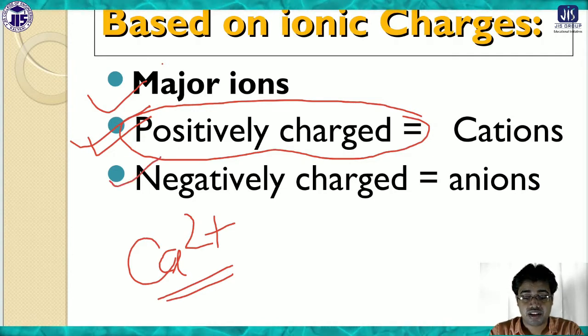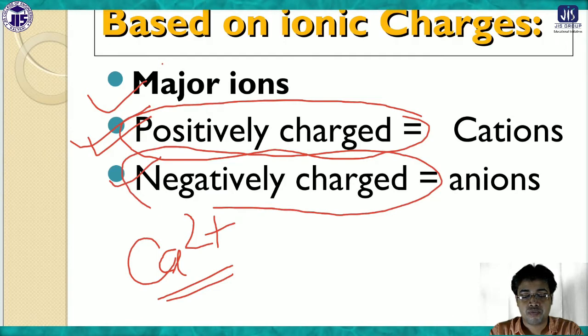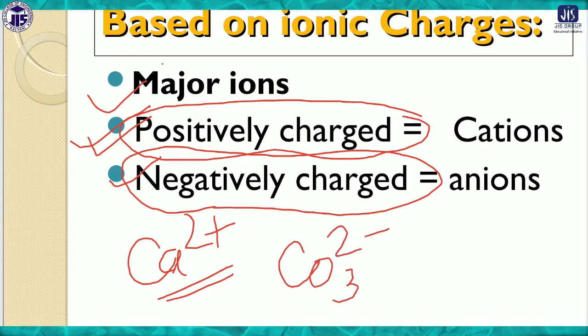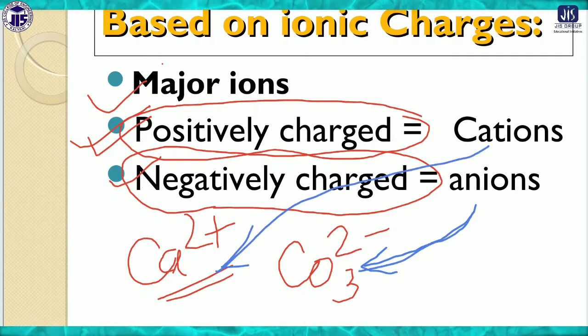The negative charge ions are called anions, like carbonate and bicarbonate. CO3 2- is an example of a negative ion. So this is called the cation, and this is called the anion. These are in the category of the major ions and the minor ions.